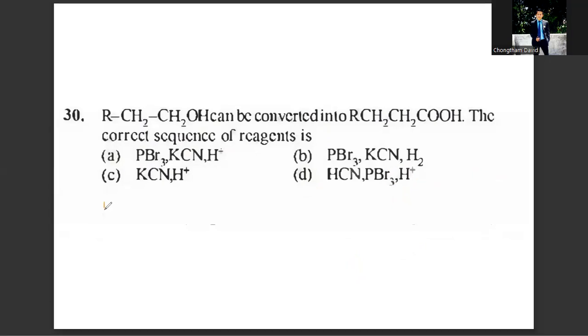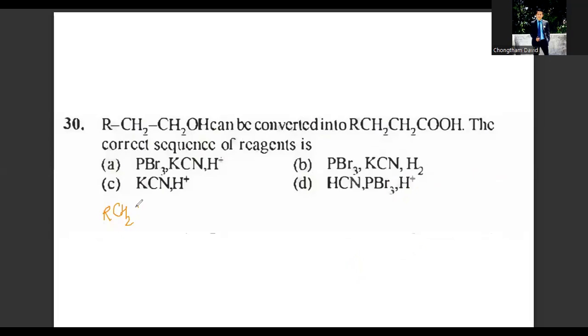First of all, let us start from this primary alcohol. When this primary alcohol reacts with phosphorus bromide, it can be phosphorus trichloride, but here you are given phosphorus tribromide, the alcohol can form haloalkane. Okay, it is now changed to bromoalkane. You remember those reactions which you have learned in haloalkanes and haloarenes.